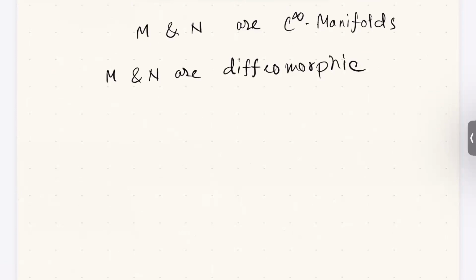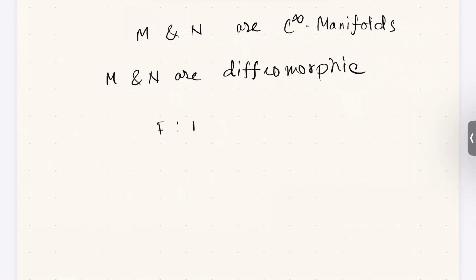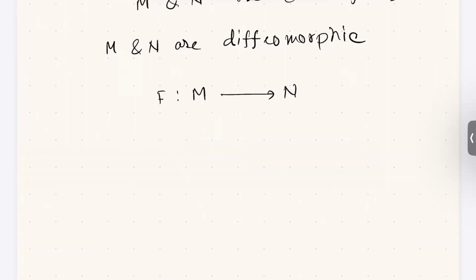It has to be a bijection type of map, right? So I need to find something like f from M to N, and it has to be bijective. And also, what structure do I require for these two things, M and N, to become diffeomorphic?